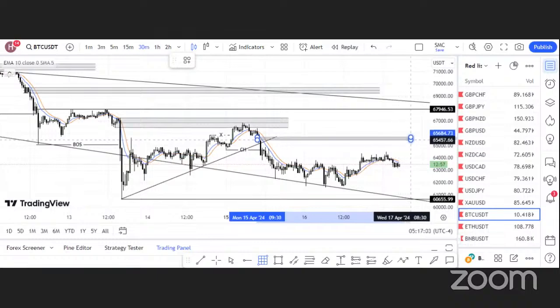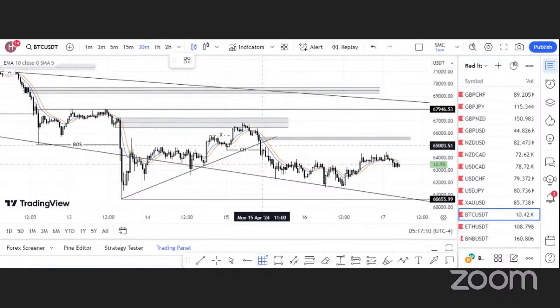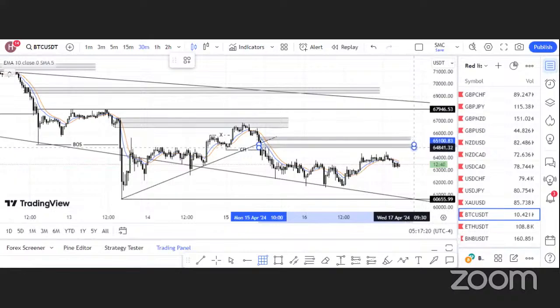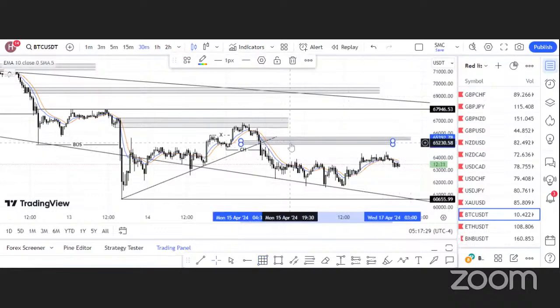So right now we have this zone. Okay, we have this zone, and then we have these two areas.